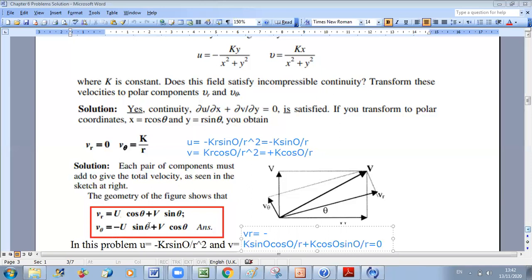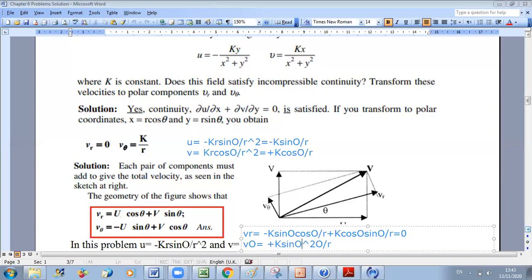Now to get v_theta, I do the same thing. I replace in the formula. So for v_theta, it's equal to minus u sine theta. So it's minus k sine squared theta over r. Actually, it's plus, because look, u is negative and I multiply by minus u sine theta, so it becomes plus k sine squared theta over r.